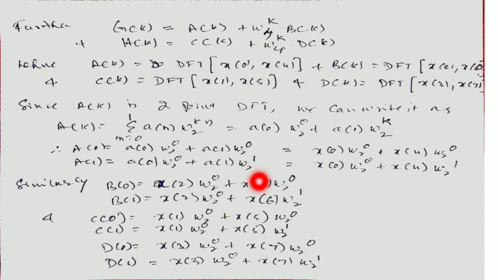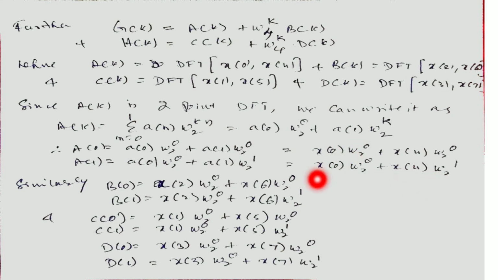But a of 0 is nothing but x of 0. A of 1, the second element, is nothing but x of 4. Therefore, here we write a of 0 as x of 0 w2 power 0 plus x of 4 w2 power 0. Similarly, a of 1 equal to x of 0 w2 power 0 plus x of 4 w2 power 1.